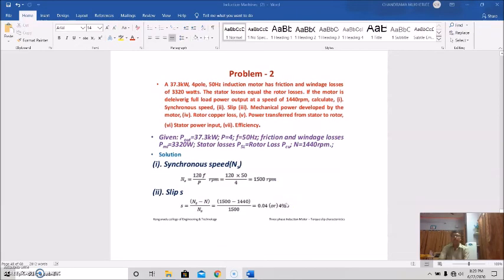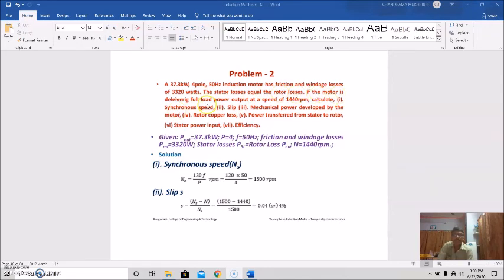Another problem we can take. It is a 37.3 kilowatt, 4-pole, 50 hertz induction motor, which has friction and windage losses of 3320 watts. Stator losses are equal to rotor losses.